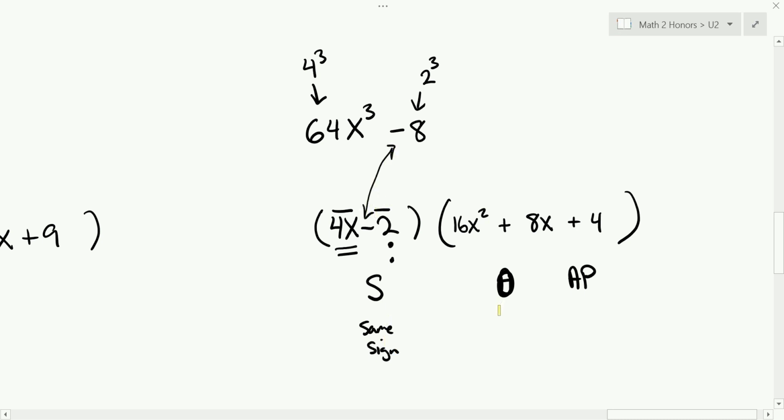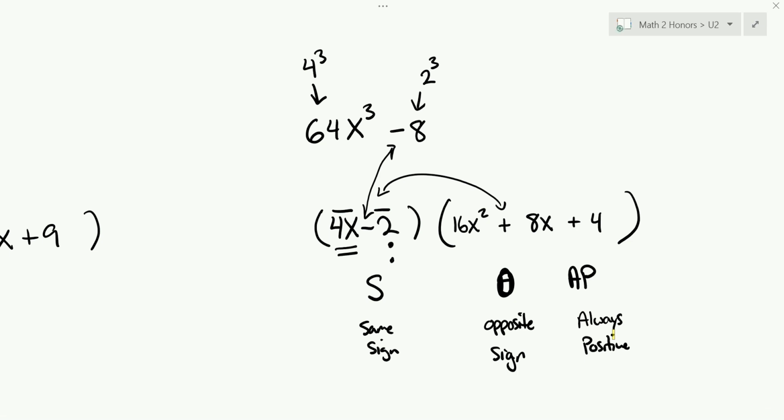O stands for opposite sign, because these two have opposite signs, or however you want to see that. And AP, what do you think? Always positive. So SOAP helps you remember what sign to put there.